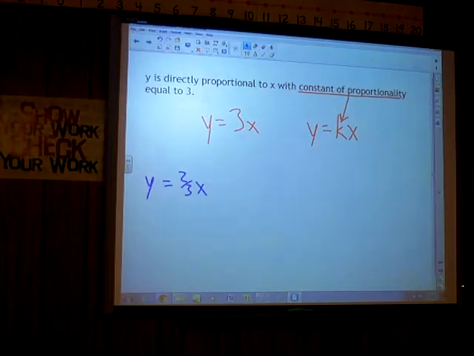You have a number of different statements, and here you're given a certain value. In other words, you're kind of given a point. So for instance, number 1 says y varies directly as x, and y equals 9 when x equals 54. They're asking you to find the constant of proportionality.